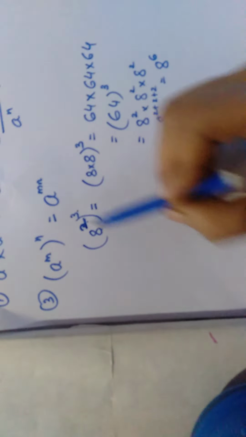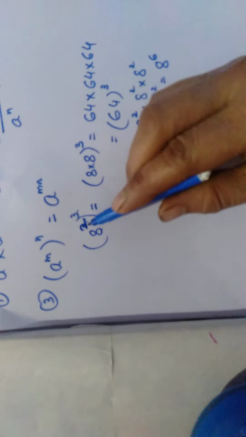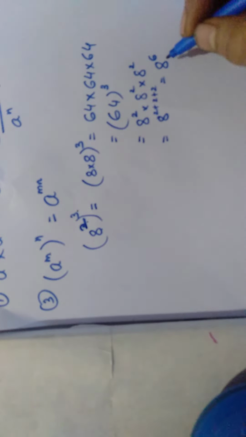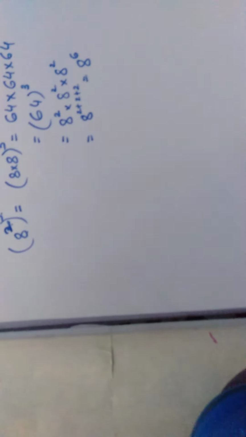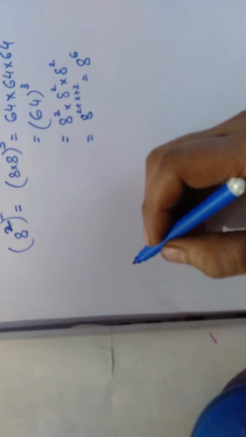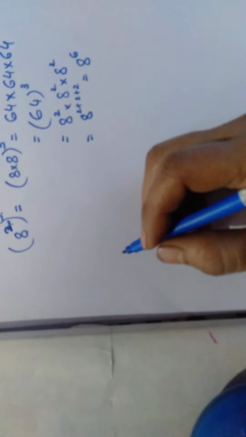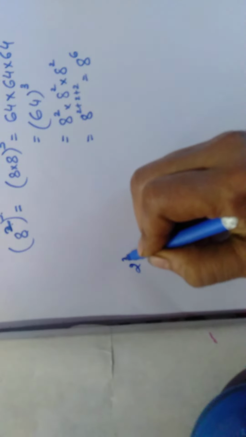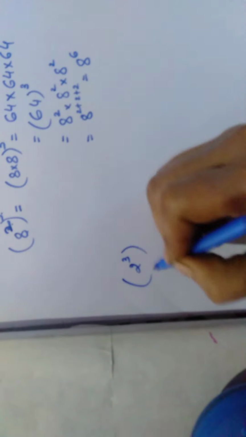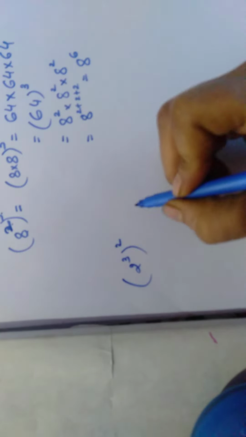Now here 2 into 3 is 6. 2 into 3 is 6. So this becomes 8 to the power m into n. Again you can see another example. Suppose 2 cube whole to the power 2 is there.